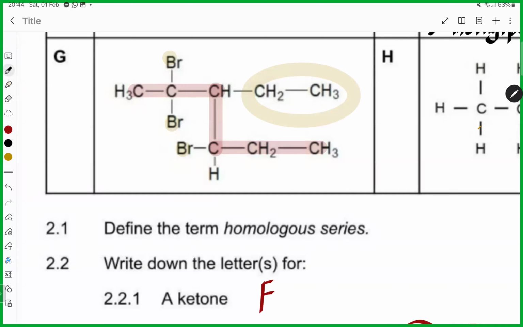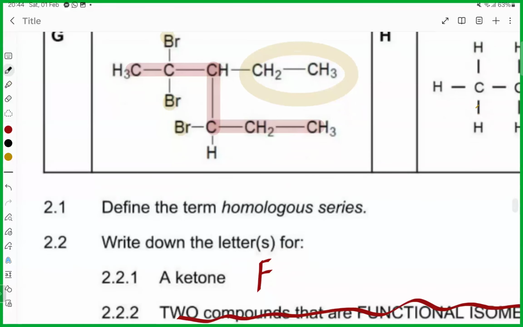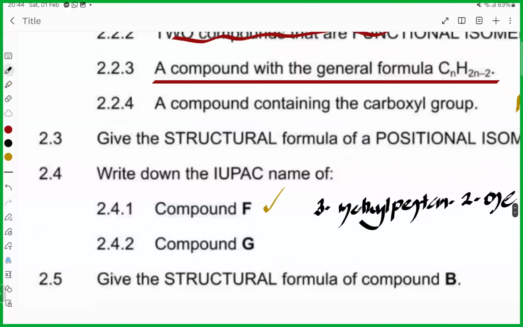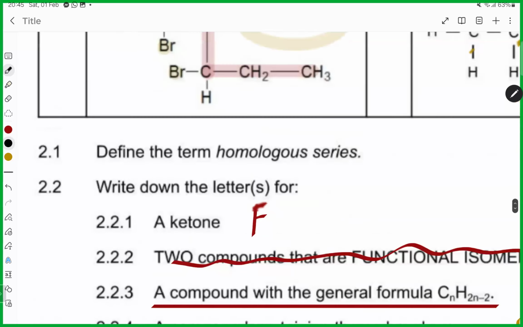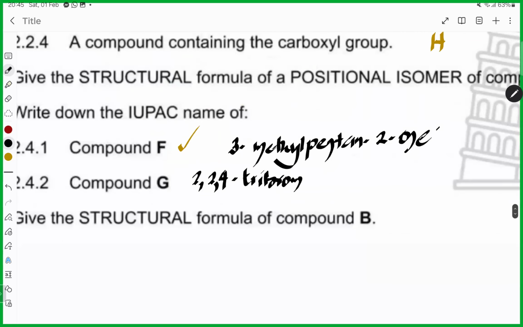So is it 2,2,4 tribromo 3 ethyl hexane? Brilliant. Brilliant stuff. You guys are masters at naming. No, 2, 2, was it 4? 4. Yeah. 3 ethyl hexane. Tribromo.